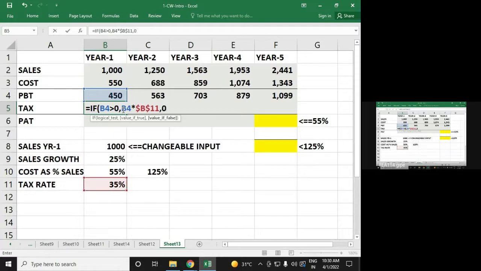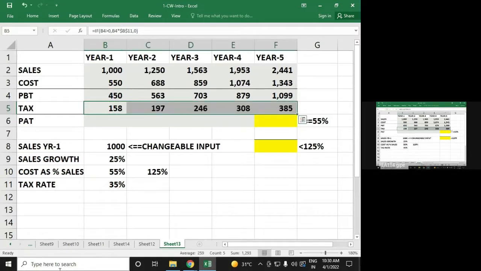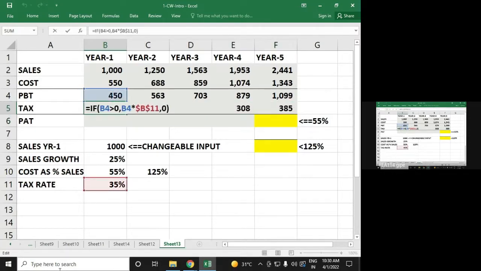Else you define otherwise it will start showing false if you don't define the else, so you put else 0. That is your if condition for the tax, and PBT minus tax is that.